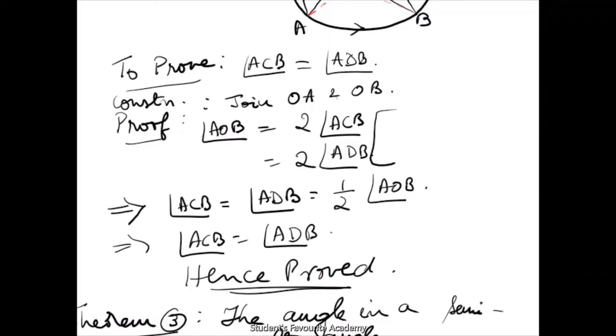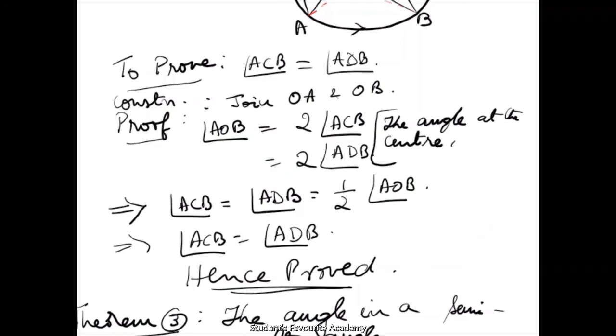The reason for both is the angle at the center is twice the angle at any point in the remaining part of the circle.